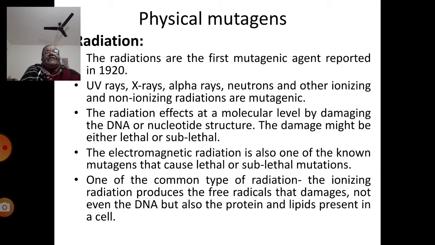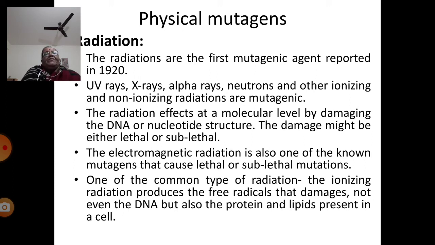So the radiation effects at a molecular level do damage the genetic material, that is DNA, or the nucleotide structure. And the damage can be either lethal, having detrimental effects, or sublethal, tolerable effects. Then apart from this, the electromagnetic radiation is also one of the known mutagens that cause either lethal or sublethal mutations.